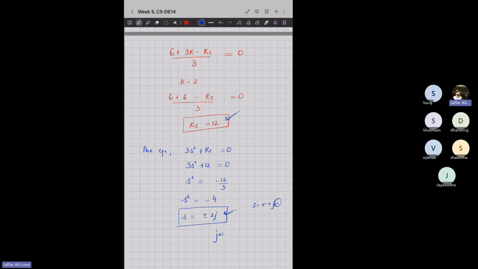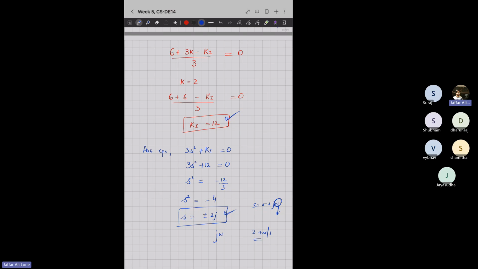This omega is the frequency of oscillation. So here the frequency of oscillation is 2 radians per second. I hope this is also clear.